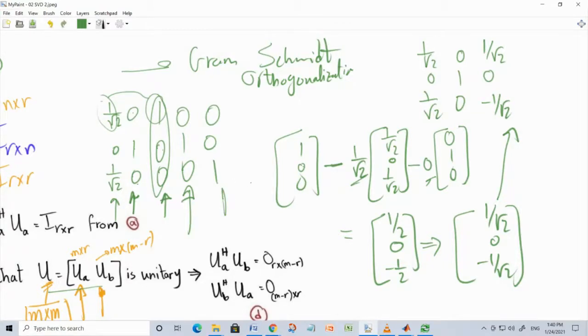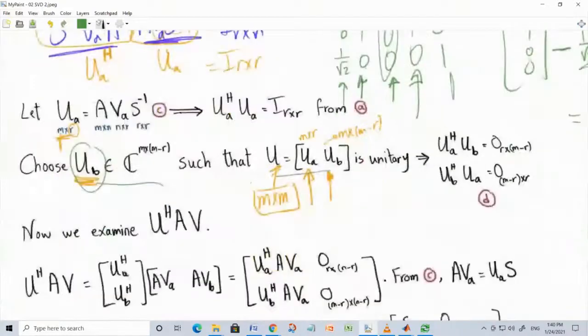My point here is that this is doable. You can start with r orthonormal vectors living in the m-dimensional space, and you can end up with a full unitary matrix of m-dimensional vectors.